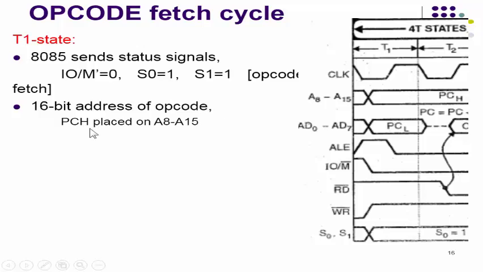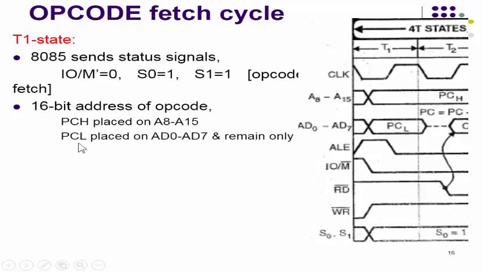So right now IO/M bar equal to 0 means memory related operation, so this indicates the opcode fetching operation.